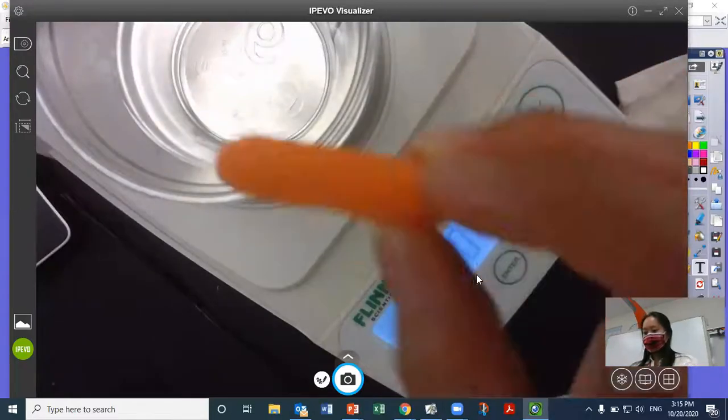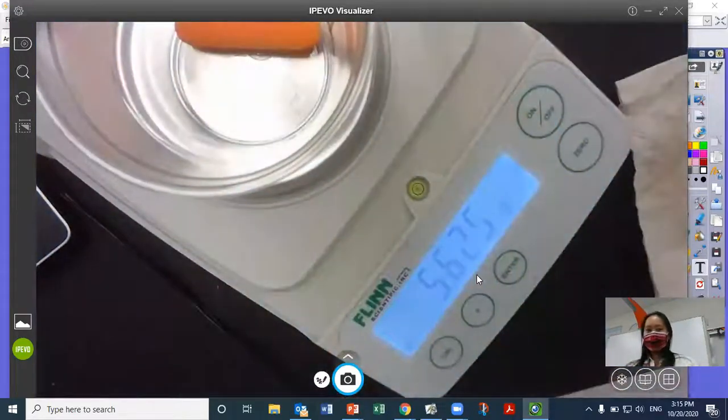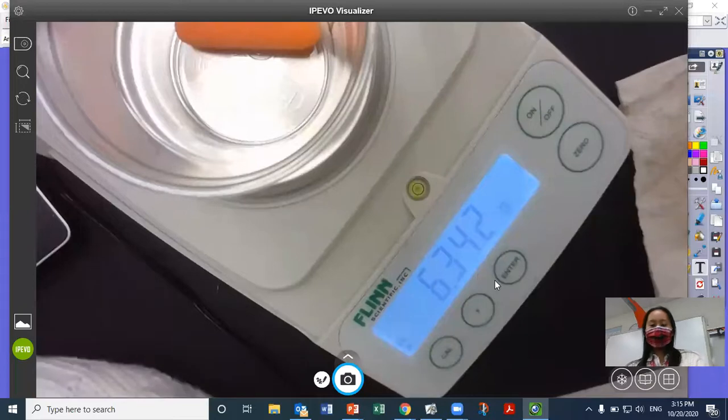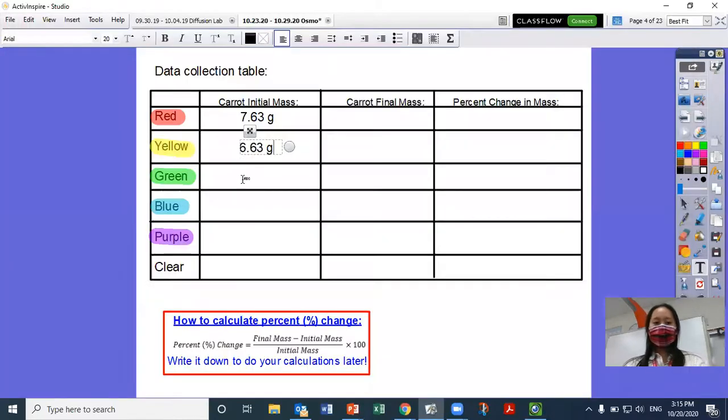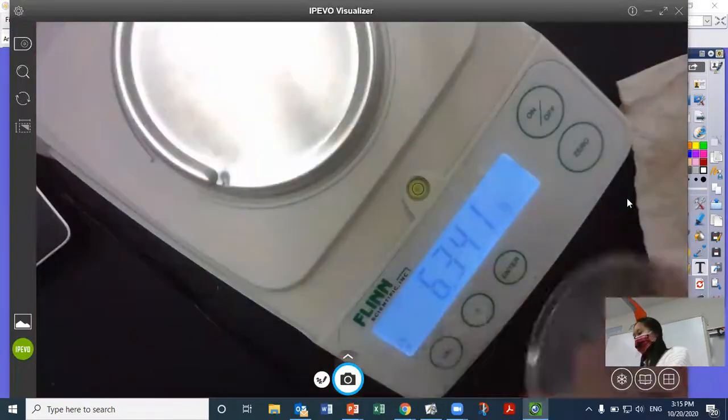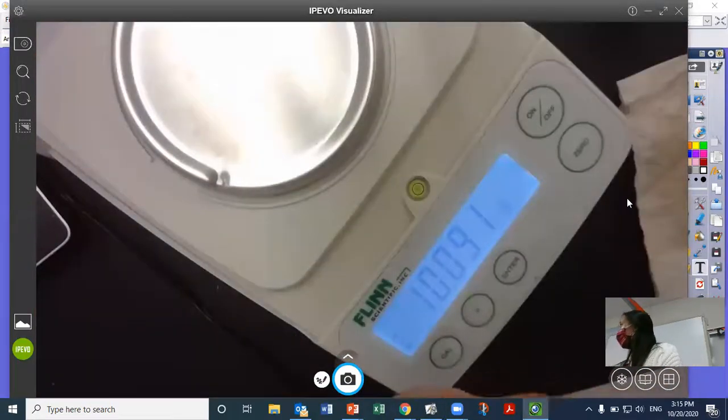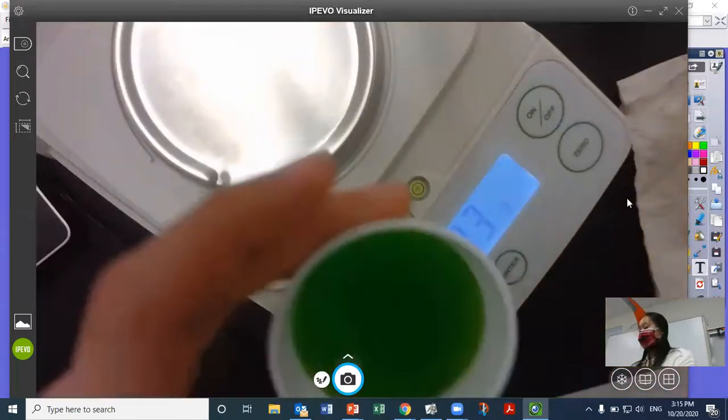Next carrot. .34 grams. And that one's going to go into our green sucrose solution.